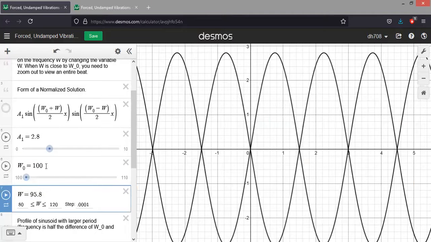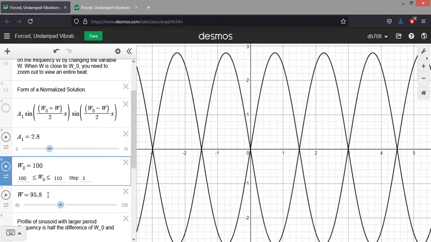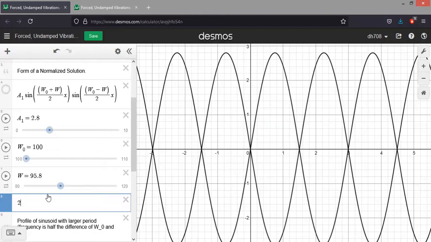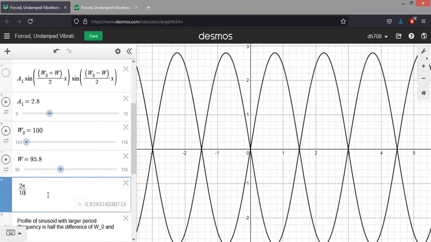So you can see that the period should be, let me do it here. If you do 2 pi divided by 100, this is the period of the natural curve solution, the solution to the homogeneous problem. This is the natural frequency giving you a natural period, about 0.06. And you can see that the period here is actually much bigger than that.